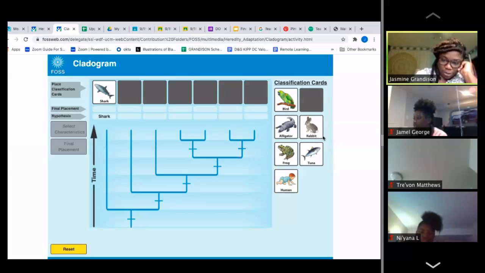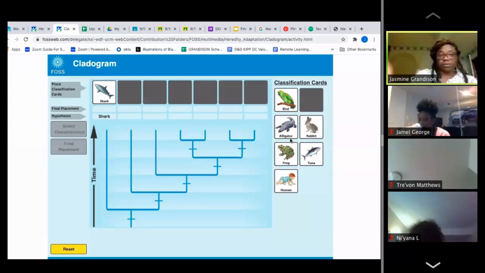Yes, we're on number 2. The order we're putting the organisms is based on their characteristics. So we said the shark has a vertebrae, and that's it, right? So now we're looking at the character traits again for these organisms, and we're asking ourselves, what is the next organism we could place next to our shark, that it has a vertebrae, but after that, the next character trait that we see, it does not have anything else.